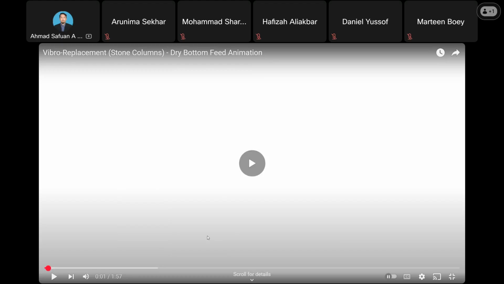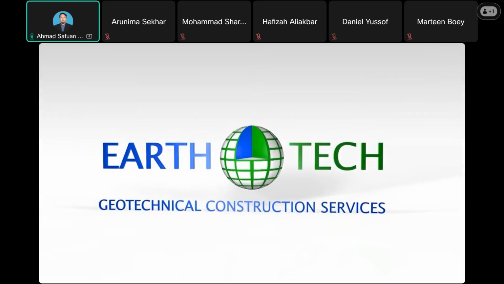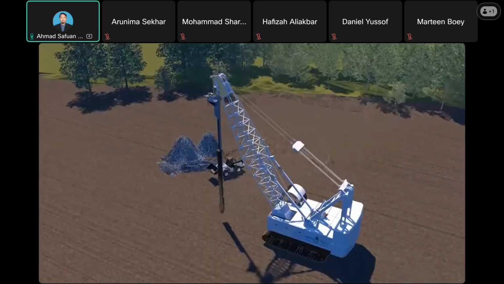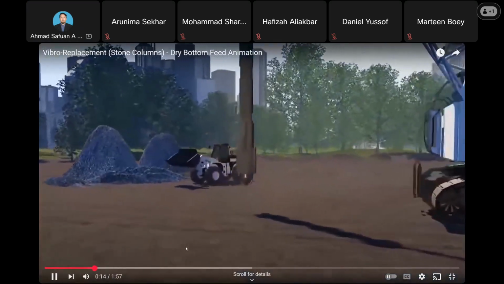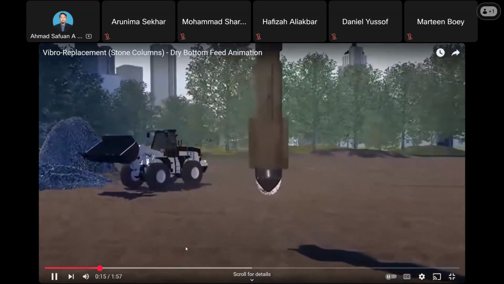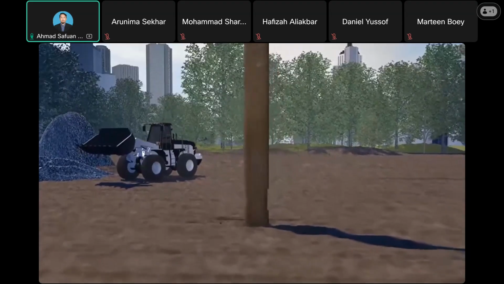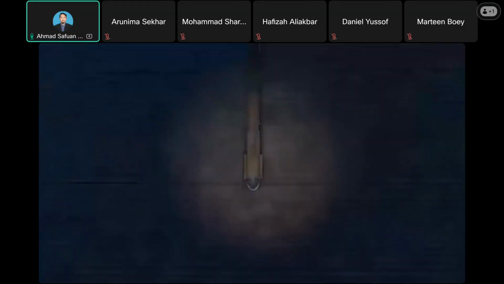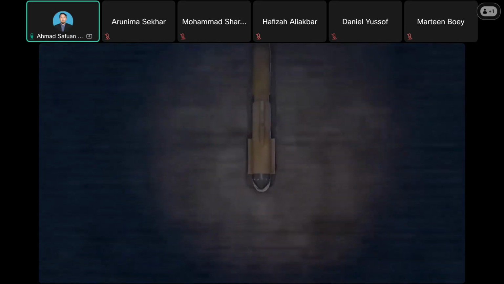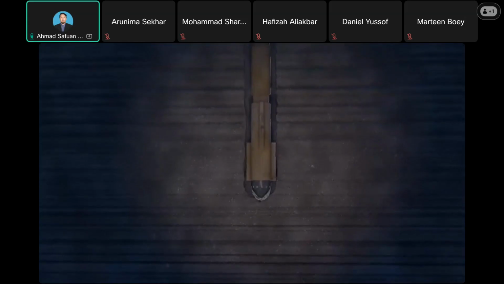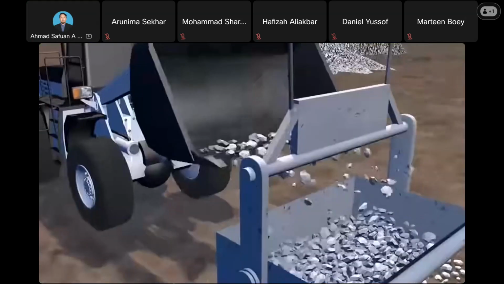So this is for the deep bottom feeding methods. So this is the vibro replacement method. Okay, so this is a bottom feed system.